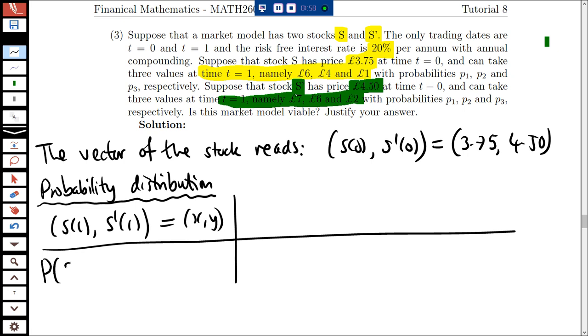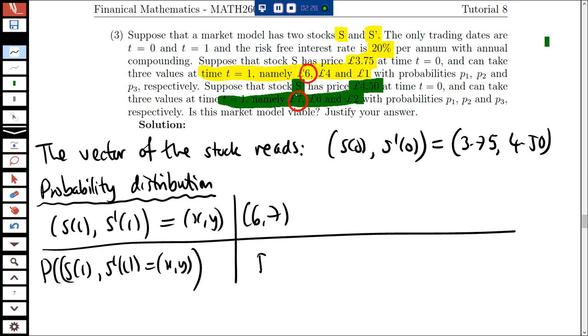And we're given the probability that these vectors are equal to X, Y. So the first one, we're given 6 and 7, and the probability is P1.